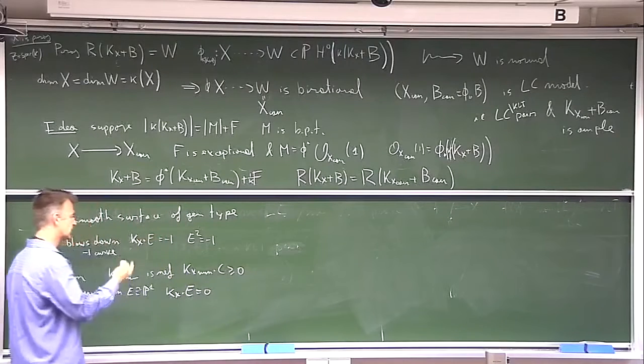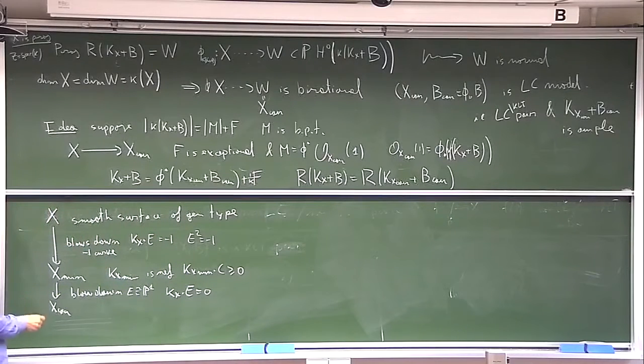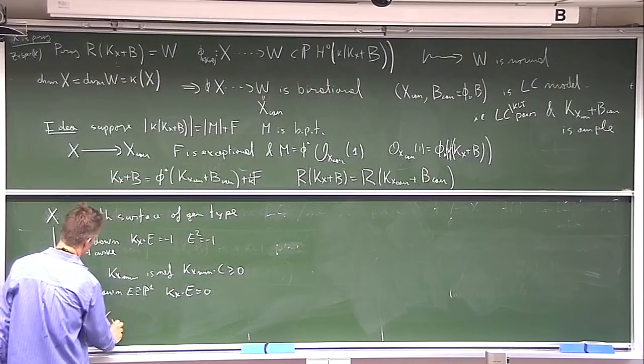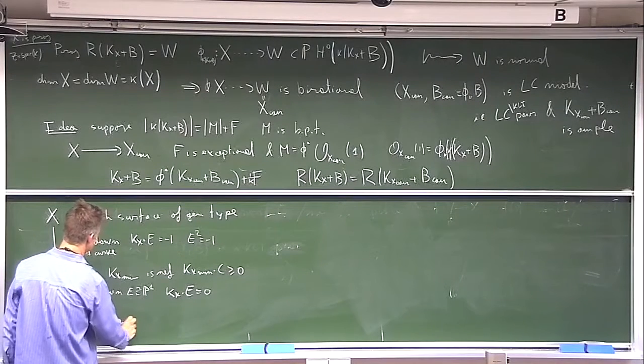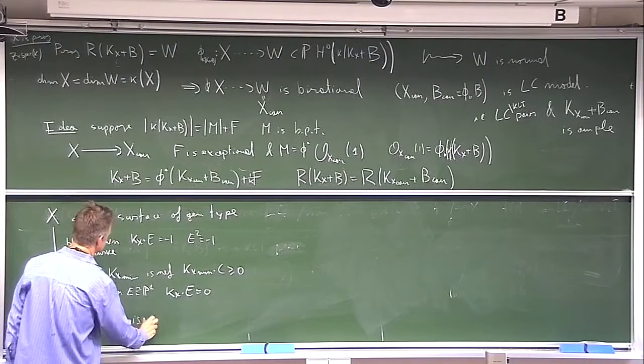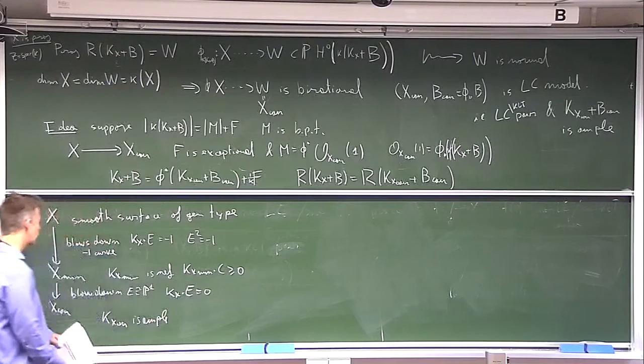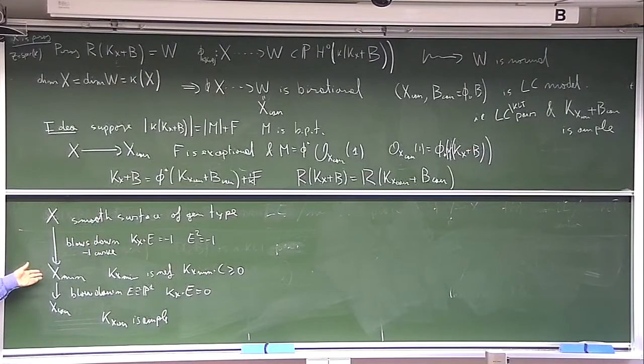So you blow down K-trivial curves, and then you end up with mild singularities, but the great thing is that the canonical class is ample. And of course, the minimal model will have what we call terminal singularities, which for surfaces means smooth. And the canonical model will have canonical singularities, which for surfaces means rational double points.